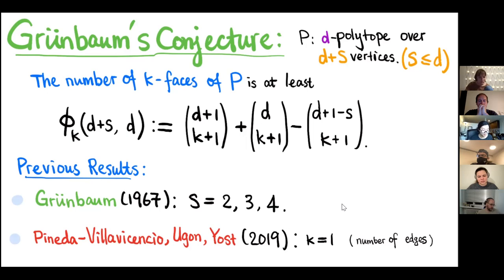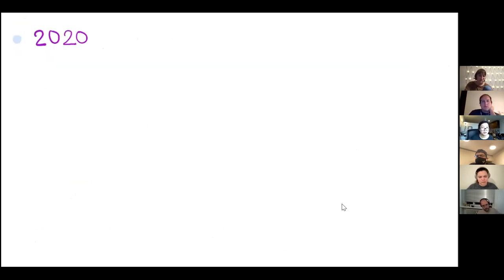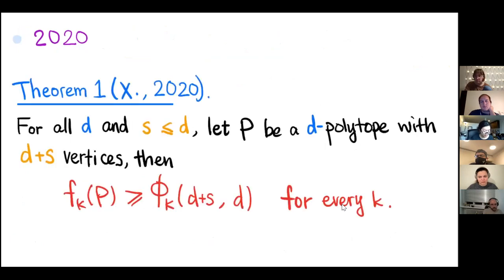Well, k is the dimension of the faces in this formula, so that's the case for the number of edges. And then in 2020, what I was able to show is that the conjecture is true, and it's true for all dimensions d, all possible s up to d, and for all k.